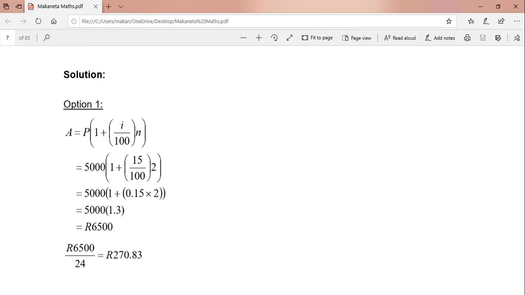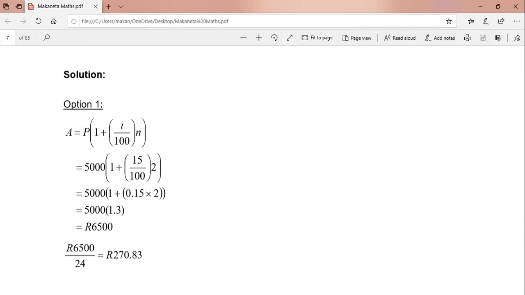And if you multiply 0.15 by 2, you get 0.3. And if you add 0.3 and 1, you get 1.3. And of course, if you multiply 1.3 by 5,000, you get 6,500.